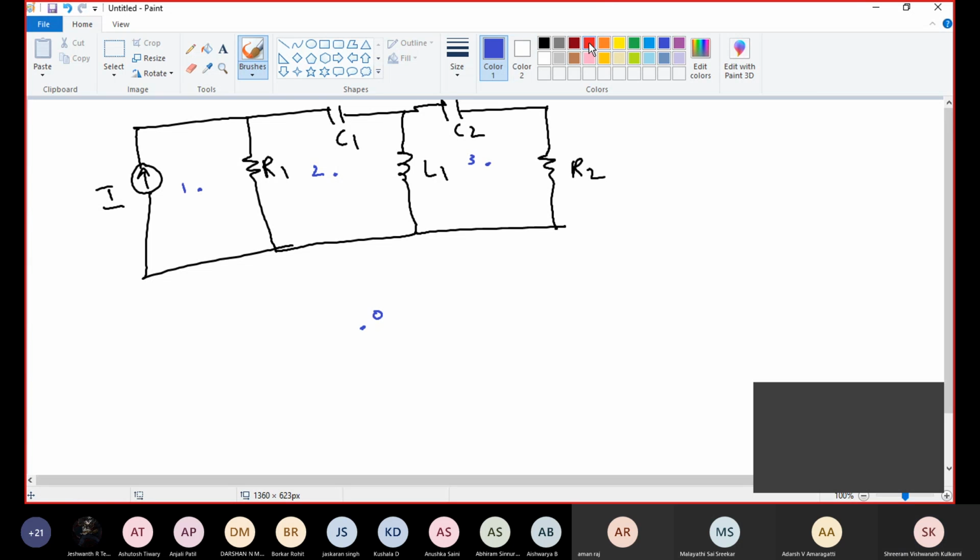Next step, connect all the inner nodes. Next, connect the outer node with the outer branch.